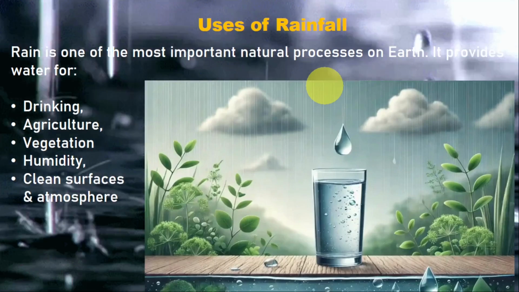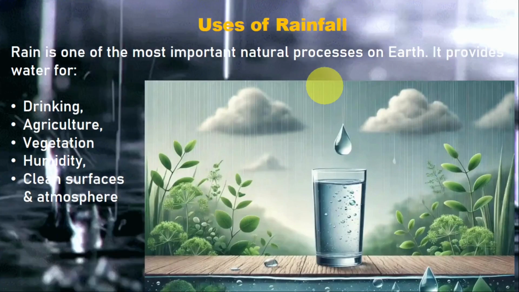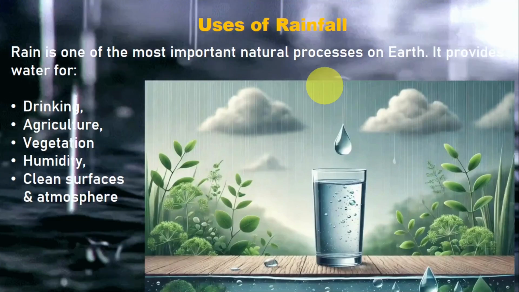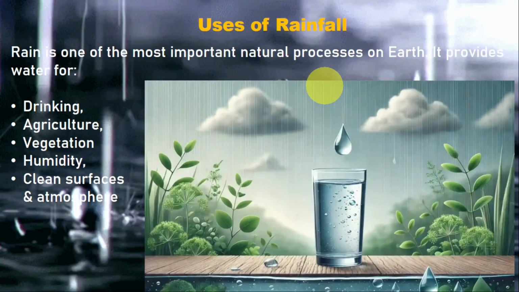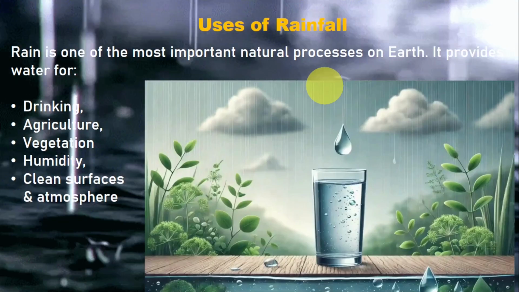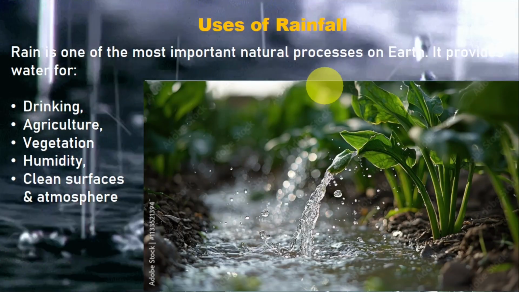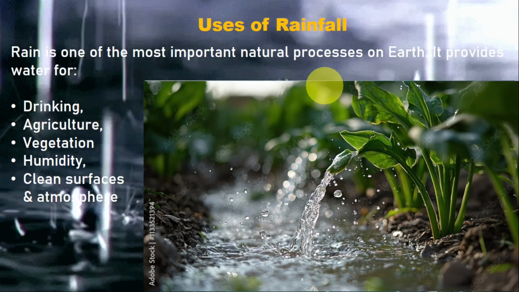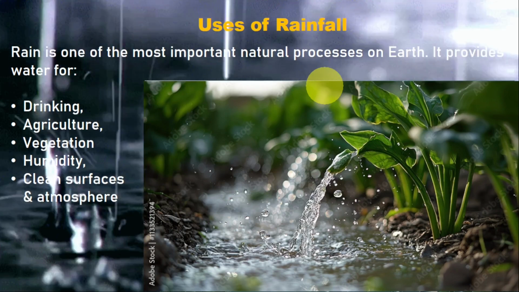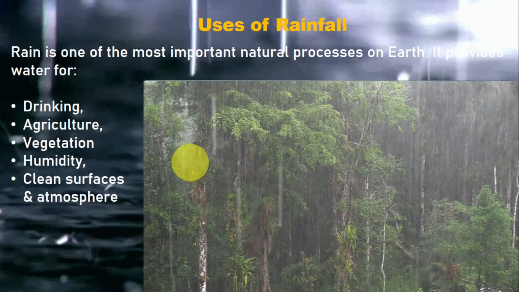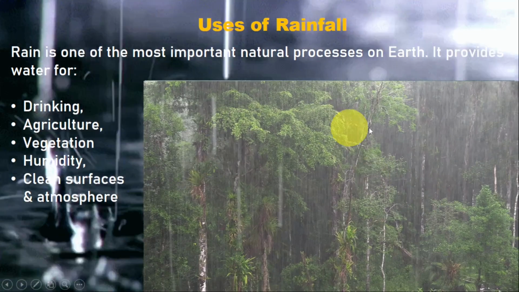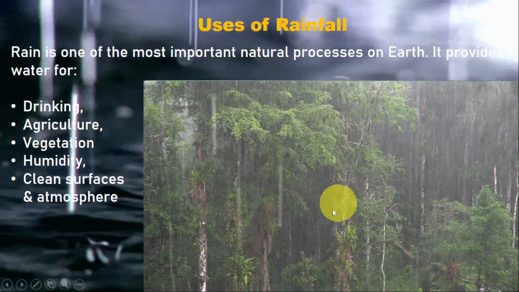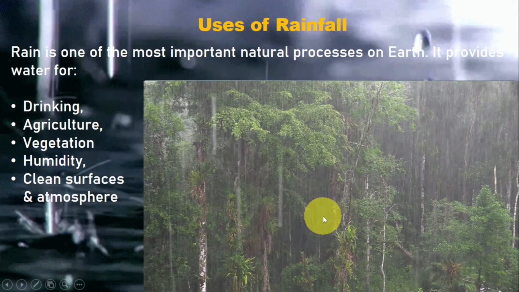So, as you all know, rain is one of the most important natural processes on Earth because it provides water for drinking. It provides water for agriculture. It provides water for vegetation, these greenery scenes. You probably have this in your country because of rainfall, because without rainfall, you can't have that.